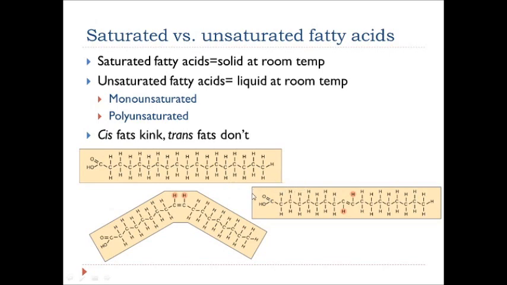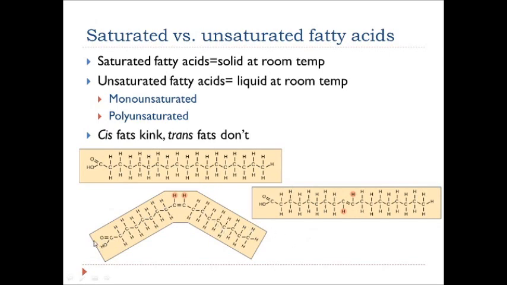And we also have trans fats, which we also talked a little bit about this week. They have a different type of structure. You can see that these hydrogen groups on either side of the double bond are flipped. So that's what makes it a trans fatty acid, or a trans fat. You can see that both in saturated and in trans fats, they don't have double bonds that make them have this kink in the structure.